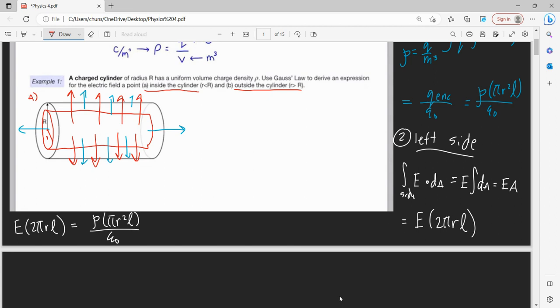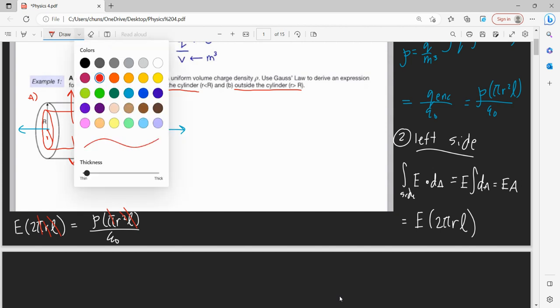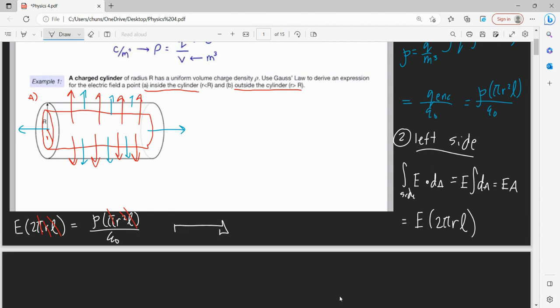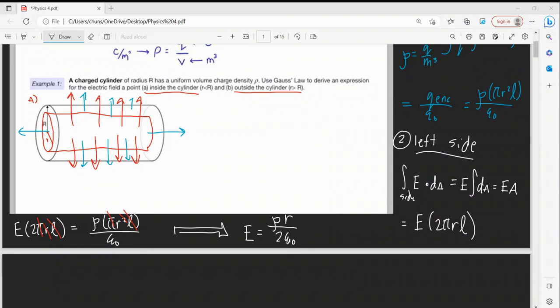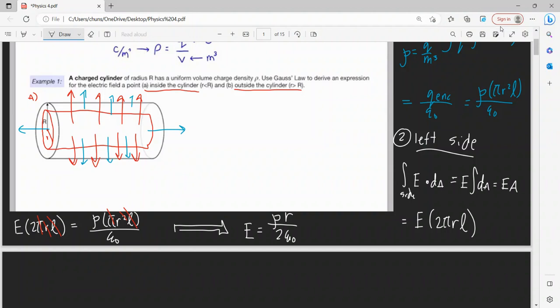So let's simplify and isolate for E. So both our pi's cancel, both our lengths cancel, one of our r's cancel, and then that leaves us with E is equal to rho r over 2 epsilon naught. Okay, so that is our first part of this question.